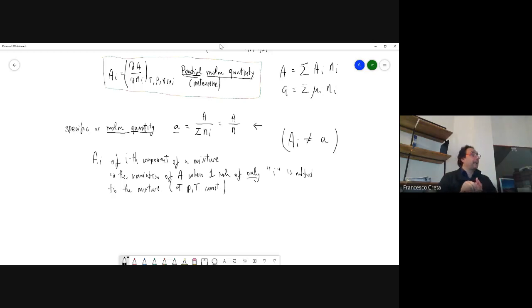You're not mixing anything if you're adding the whole mixture. You've already mixed it. So a molar quantity is a very straightforward quantity, or a specific quantity is simply per unit mole of this whole mixture. You haven't done anything. On the other hand, when you're adding a pure species to a mixture, what you're doing, in fact, is creating another mixture.